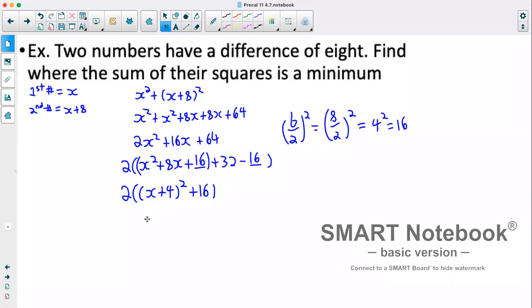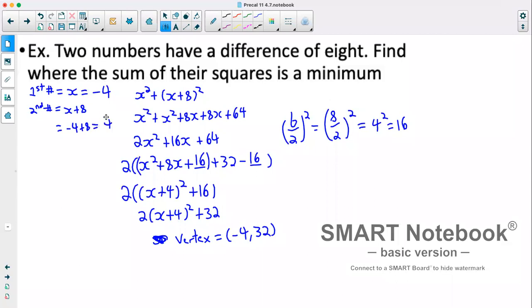Simplifying this, we've got 2 times x plus 4 squared plus 16. So our vertex is -4, 16. Now, our x represented our first number. So our first number was -4. Our second number then becomes -4 plus 8, so +4. So our two numbers were -4 and +4.